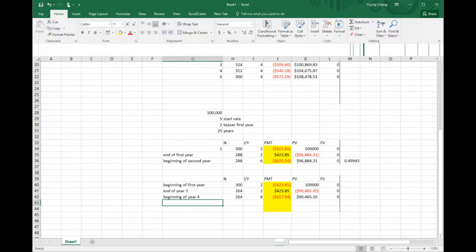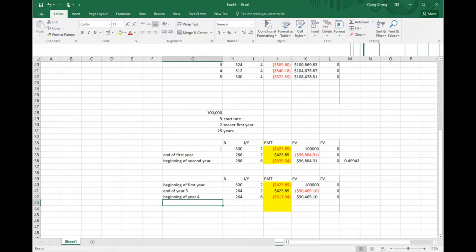Then the third step is to look at the beginning of the second year using the previous balance outstanding. Remember, this is not a TIPS, so the balance outstanding is not going to change. For a TIPS, the balance outstanding will be adjusted for inflation, but here this is an ARM, so the interest rate is adjusted.